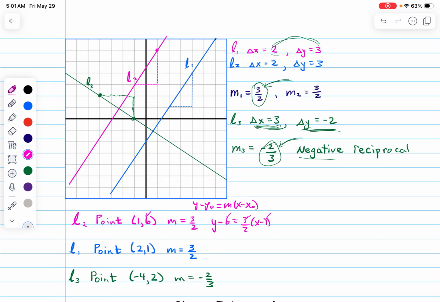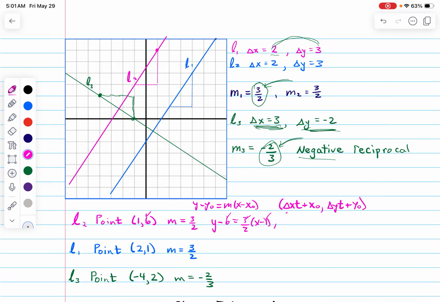Now that's one way to write it. Now remember, we're doing parametric forms also. So with the parametric form, we have the delta x times some number t plus x naught, and then we have delta y times some t plus y naught. Okay, so this is the parametric form of the line.